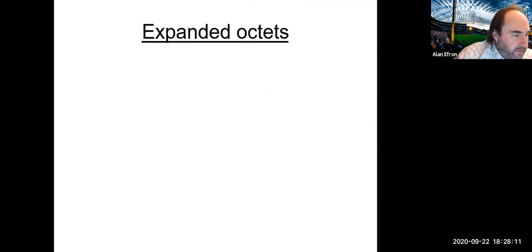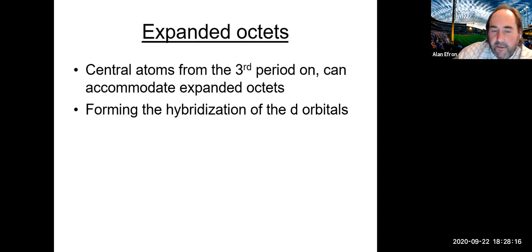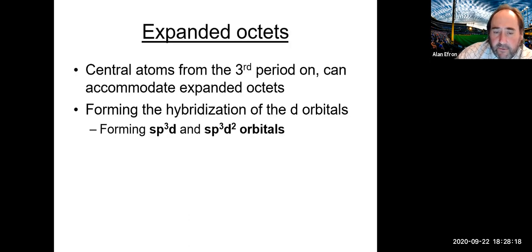Now we can also apply hybridization to everybody's favorite thing, which is those expanded octets. In those expanded octets, we get into the d orbitals, with our trigonal bipyramidal and our octahedral.